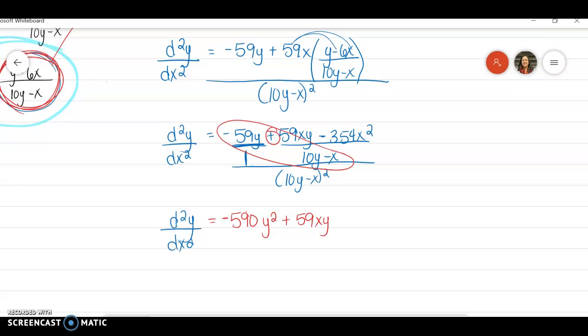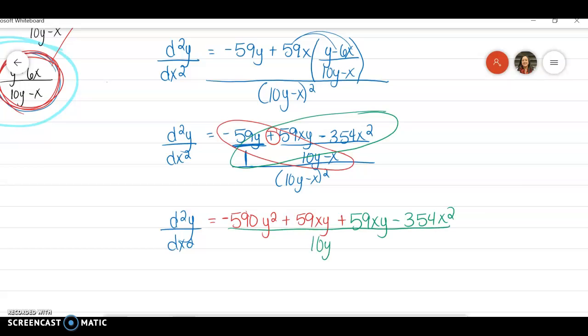I'm going to bring down that plus sign, and then I'm going to cross multiply the other way. That 1 times all of that is just going to be plus 59xy minus 354x squared all over 10y minus x all over 10y minus x all squared.